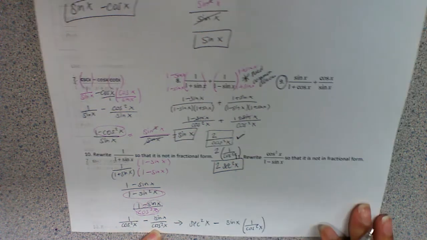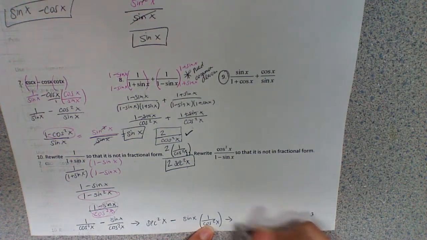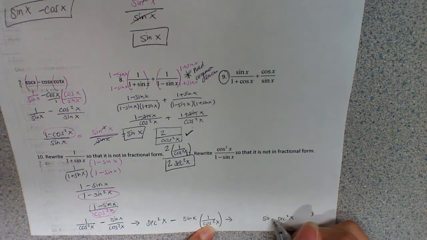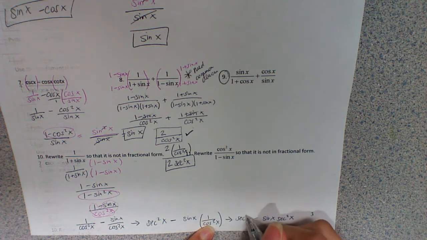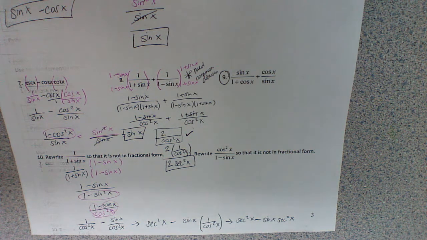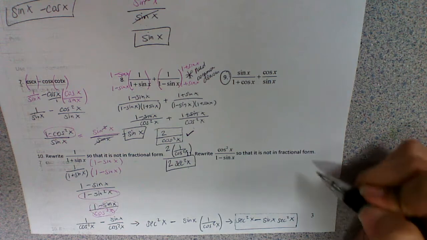And hopefully you'll see now 1 over cos squared, again, I can write as secant squared. And let me write in everything else. And so there we go. We've reduced it. It's no longer in fraction form. Go ahead and try number 11.